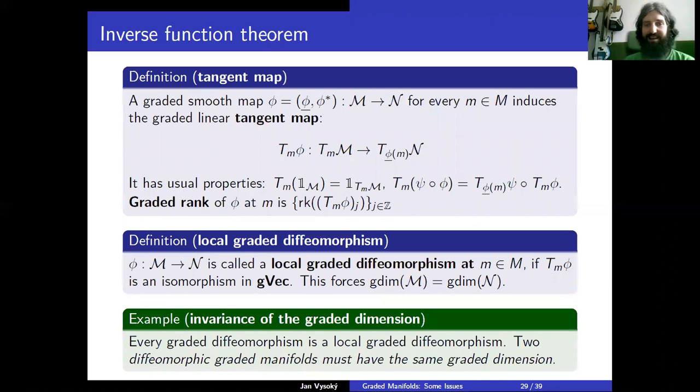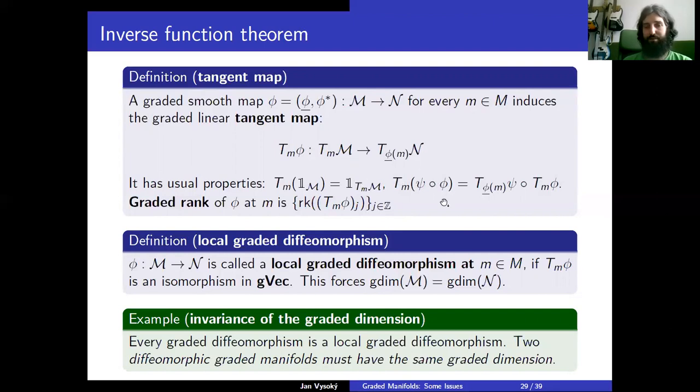Okay, so another differential geometric baby we would like to have is an inverse function theorem. It works very nicely. So for every graded smooth map, there is always an induced map of corresponding tangent spaces at the corresponding points. So for every point, I can define a graded linear map, and it has the usual very nice functorial properties. So tangent map to identity is the identity.